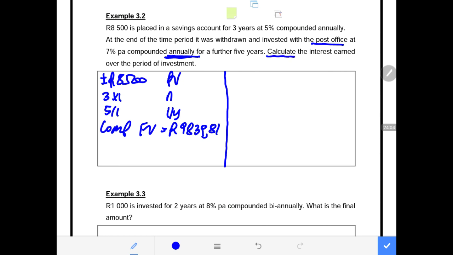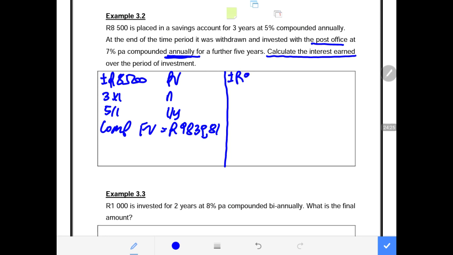Then it says calculate the interest earned over the period of the investment. So now we say plus minus, this is the present value. Remember, present value must be plus or minus whenever you are calculating any of the other unknowns, unless there is a future value.